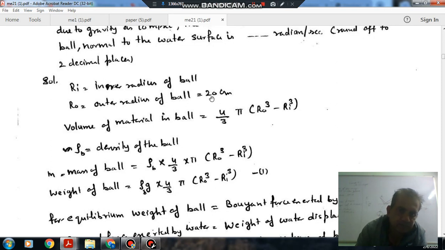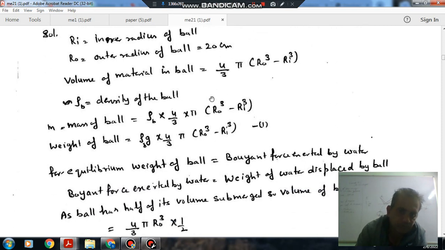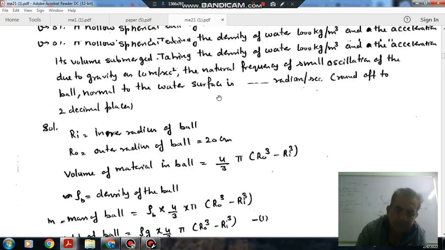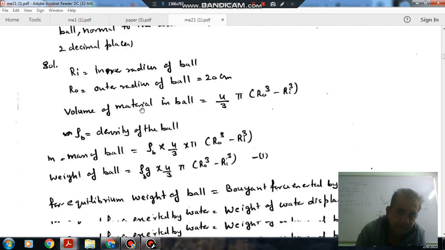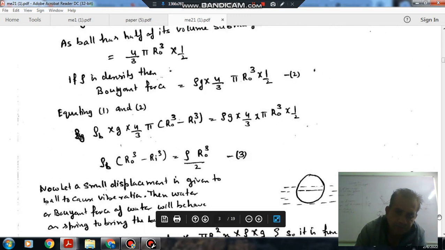So now when the ball is in water, so this is the ball and it is in water.